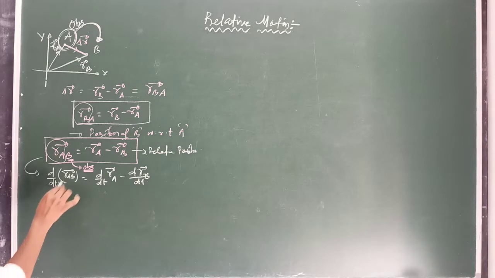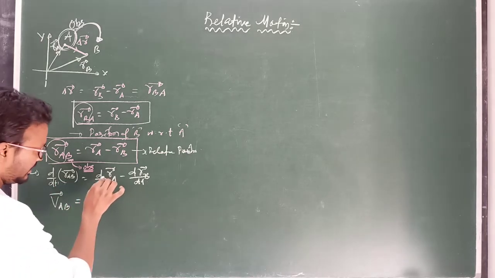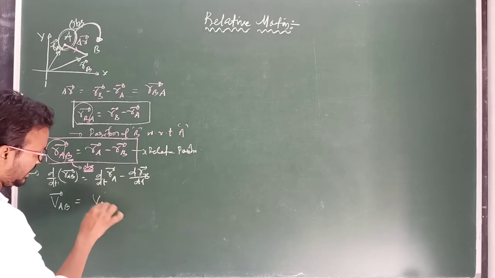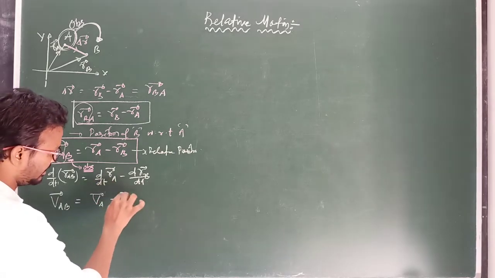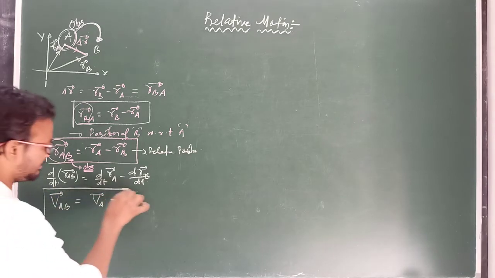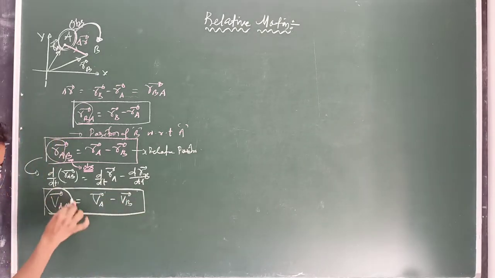We can write velocity, that is VAB, which equals VA minus VB. This velocity is known as relative velocity.